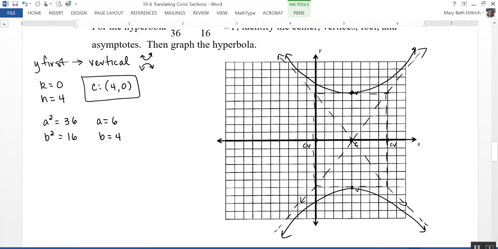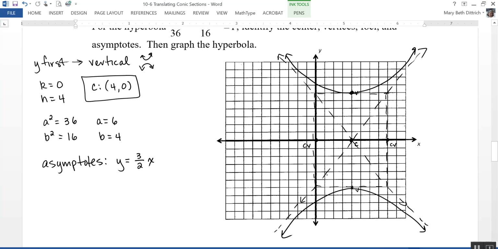So let's start with this line that has a positive slope. I went up 6 and right 4. So I'm going to have the line y equals, my slope of up 6 and right 4 is a positive 3/2 x, and this one's actually kind of nice.